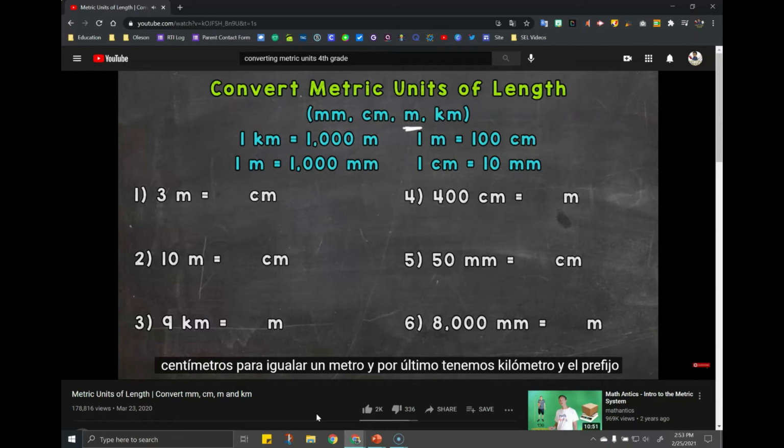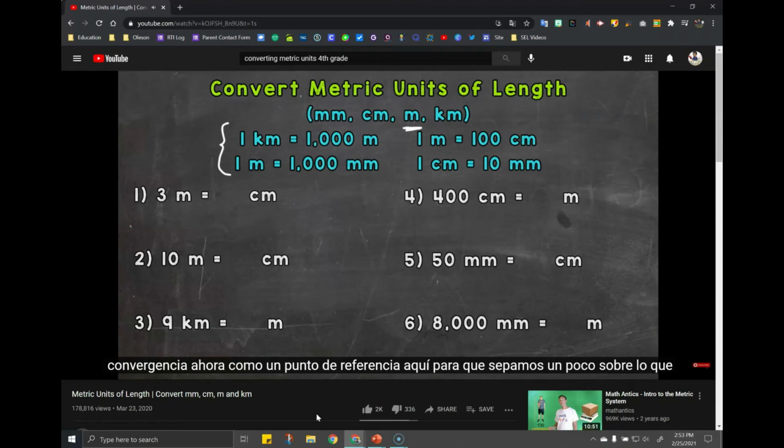So it takes 100 centimeters to equal 1 meter. And lastly, we have kilometer, and the prefix kilo means 1,000. So it takes 1,000 meters to equal a kilometer. And all those notes are right here up top, and we can reference those as we go through the conversions.